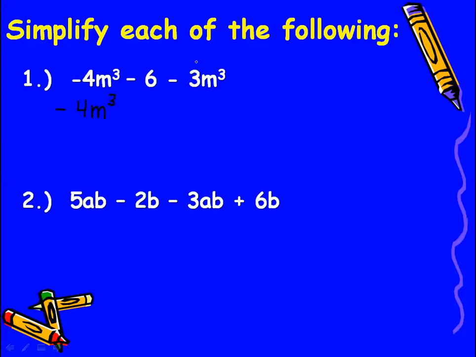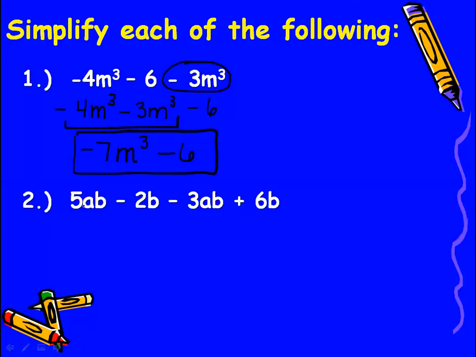When I do, I take the sign with the number, so that's negative 4m to the third minus 3m to the third minus 6. And I simply combine the terms that are alike. Negative 4, take away 3, is negative 7. So we have negative 7m to the third minus 6. I cannot combine these two terms because they are not alike, which means this is my simplified answer.